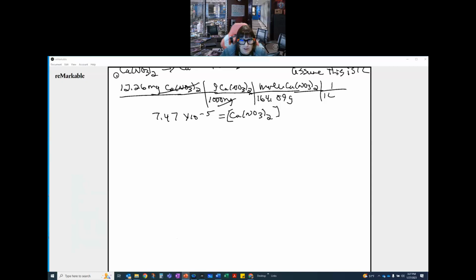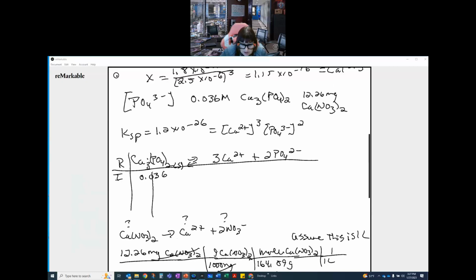But what's the common ion out of these? It's Ca2+, right? And so that concentration of Ca2+ is exactly that same value, okay? Because there's only one Ca on that Ca(NO3)2. So I plug that in here, 7.47 times 10 to the minus fifth.